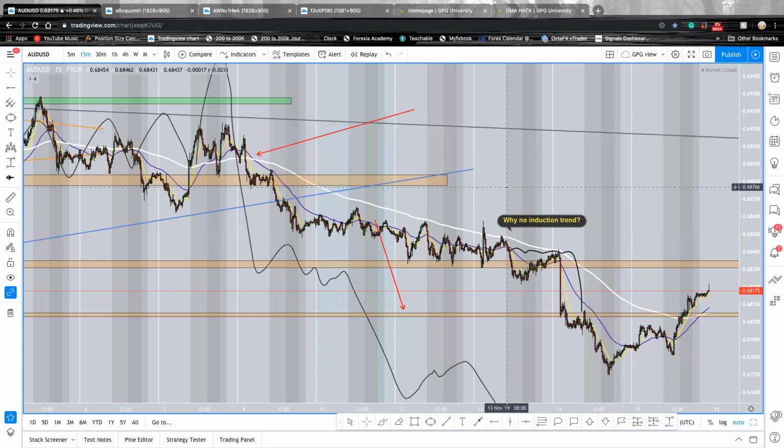Trapping support, they have enough liquidity, chopping both sides. What do we call it when price is not forming a trend in induction? No liquidity.